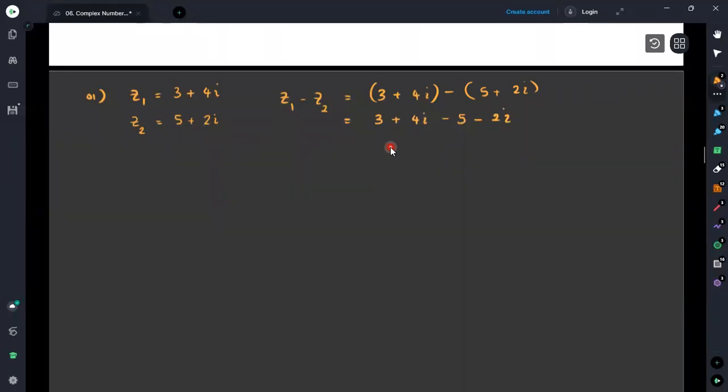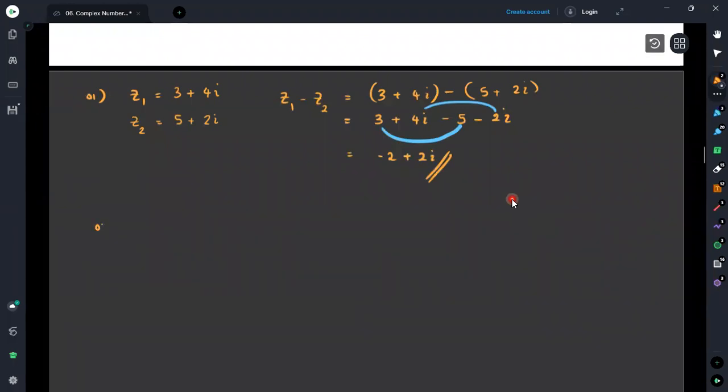Then real parts have to be solved separately, and the imaginary parts have to be solved separately. Therefore, we'll get 3 minus 5, it is minus 2, then plus 4i minus 2i. Here we are getting plus 2i. Therefore, the subtraction of these two complex numbers gives the answer minus 2 plus 2 times i.